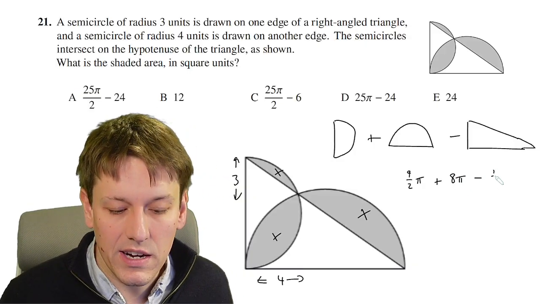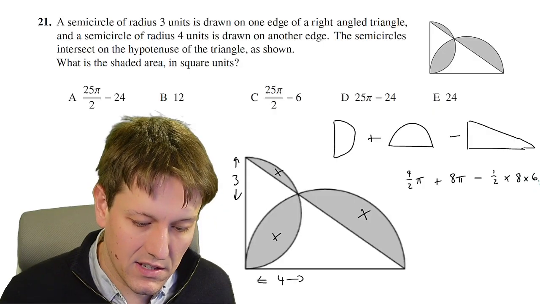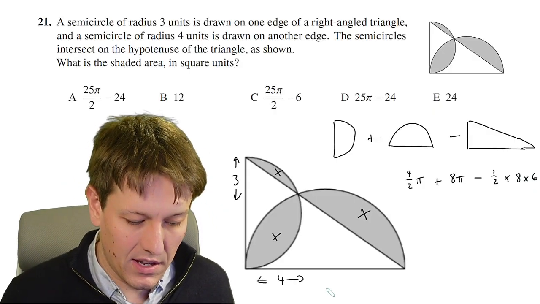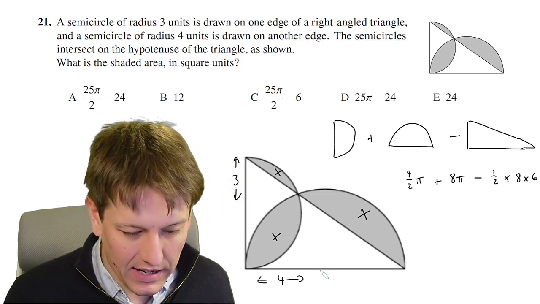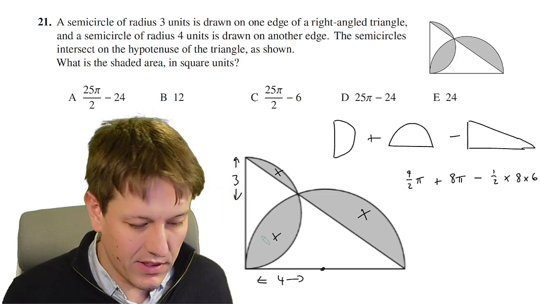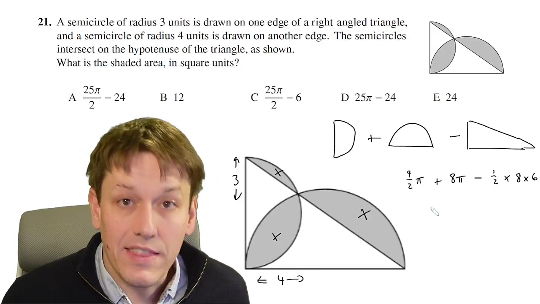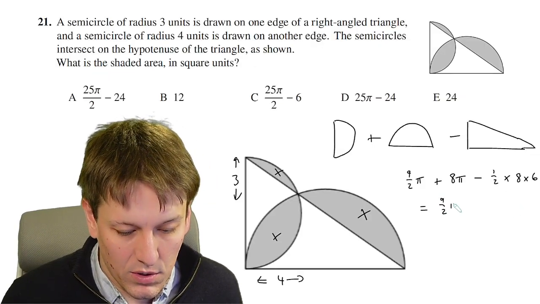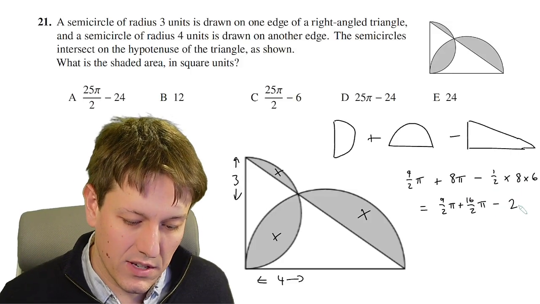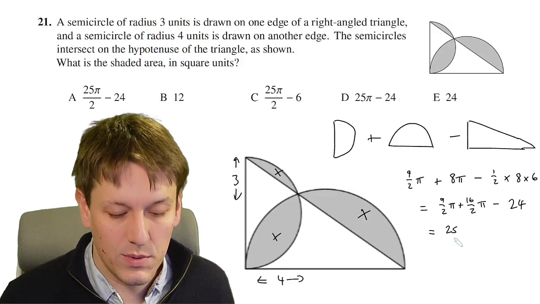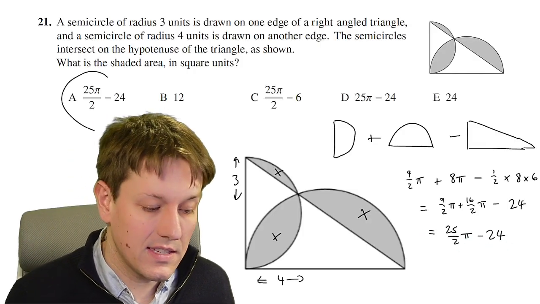And then for the right angle triangle, I need to do half base times height, so that'll be a half times 8 times 6, because the radius of this circle is exactly half of the base here, and the radius of this one is exactly half of the height. So putting those together then, we've got 9 over 2 pi plus 16 over 2 pi, and then this is 4 times 6, which is 24, so we have 25 over 2 pi minus 24, and so the answer here is A.